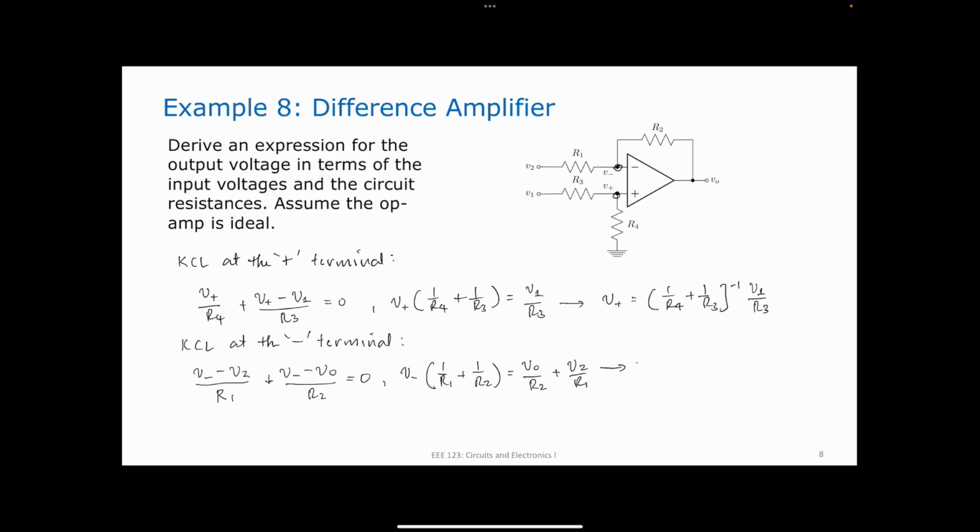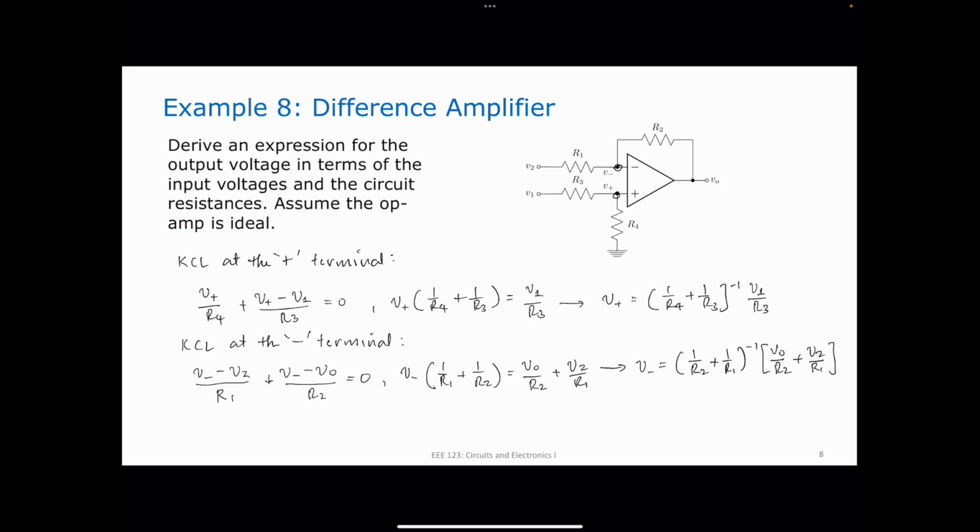So now I get V minus is equal to (1 over R2 plus 1 over R1) to the minus 1. Sorry, I reversed it. This is to the minus 1, times (V sub O over R2 plus V sub 2 over R1).